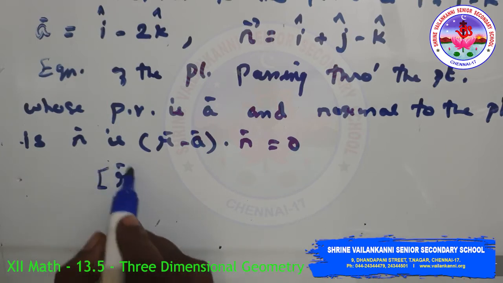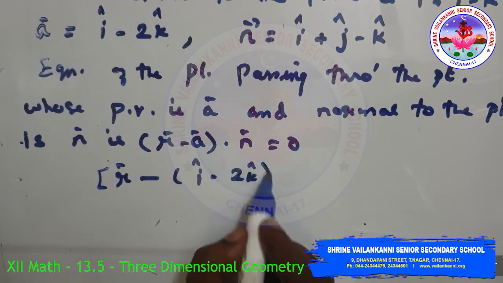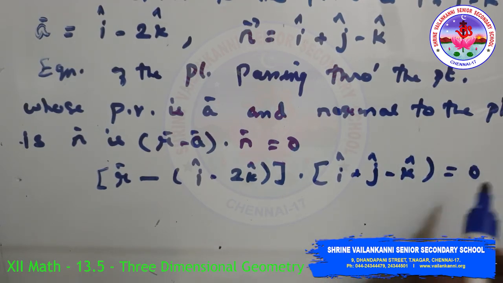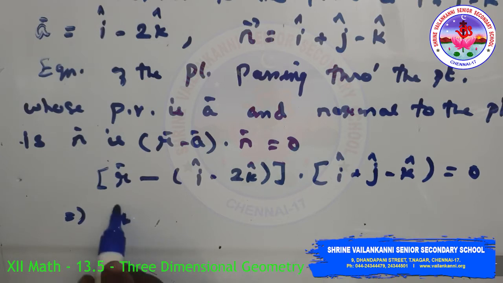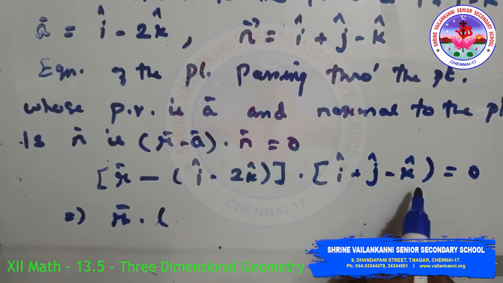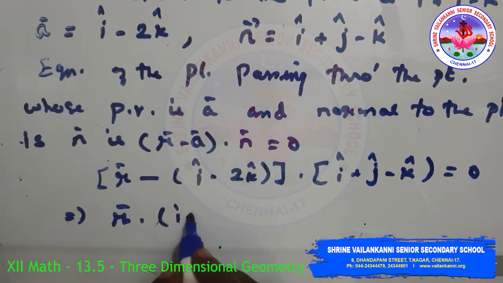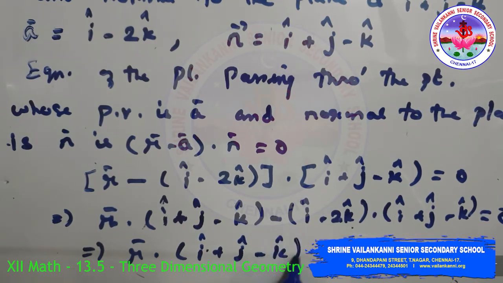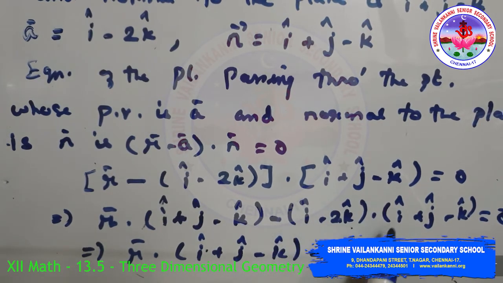So we can write this as (r - (i - 2k)) dot (i + j - k) equal to 0, which is r dot (i + j - k) minus (i - 2k) dot (i + j - k) equal to 0, which is r dot (i + j - k) minus, i dot i is 1, minus 2k into minus k, which is plus 2, equal to 0.